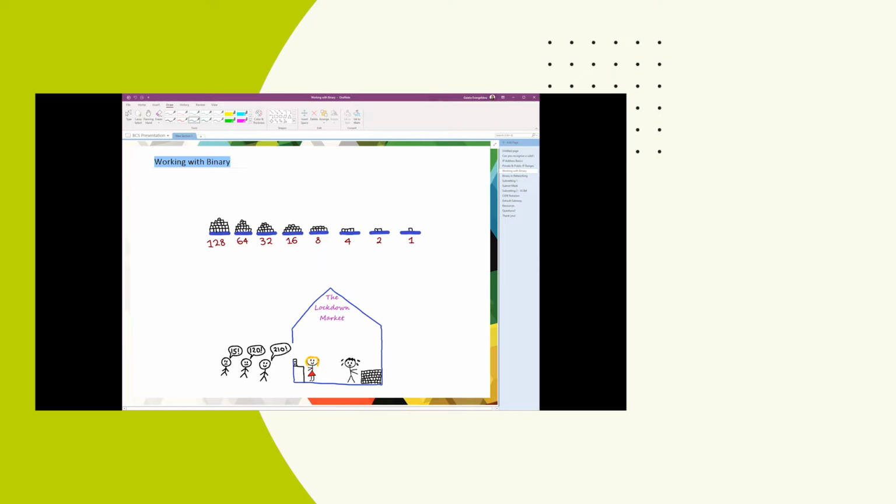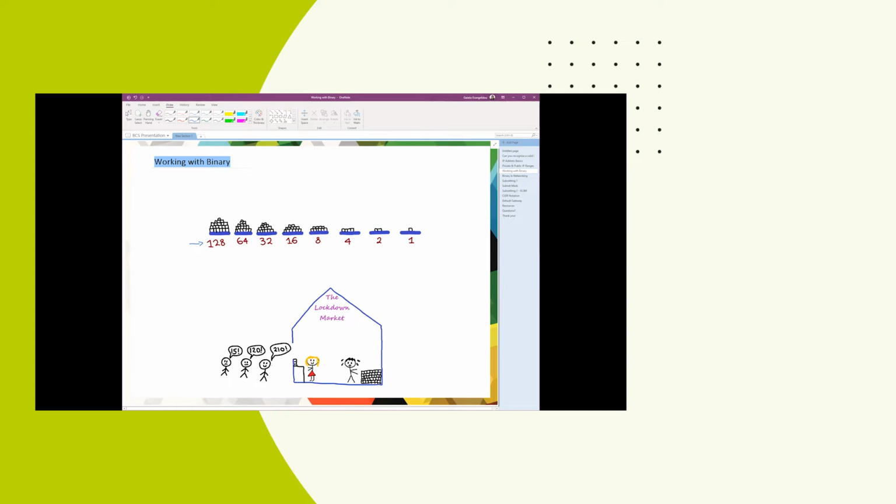They have decided to introduce palettes. So they have got a palette of 128 boxes, another palette of 64 boxes, 32 boxes, 16 boxes on another palette, 8, 4, 2, and 1 box.